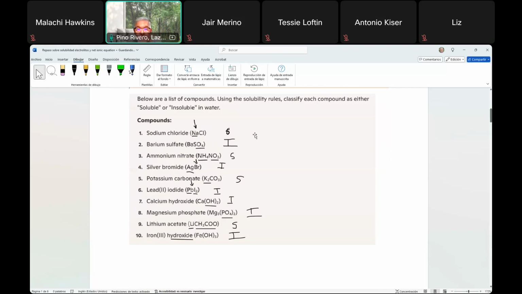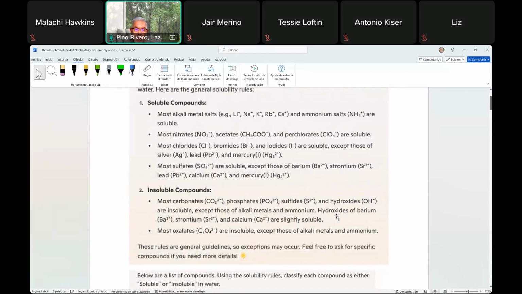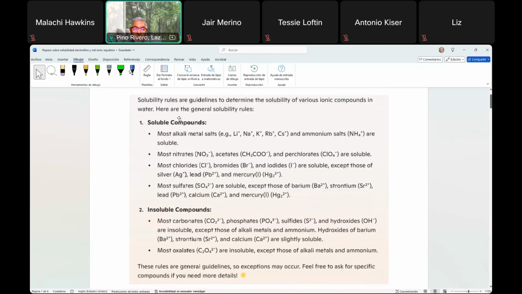Well, this exercise is very, very important. Try to take a picture or a screenshot of this exercise and try to do it. And the same with the solubility rules, please.